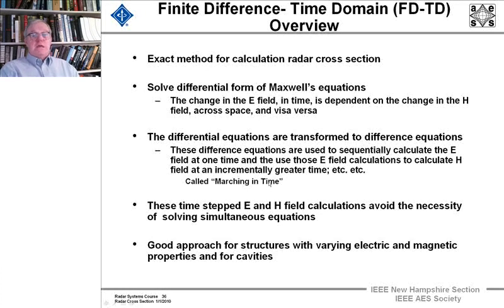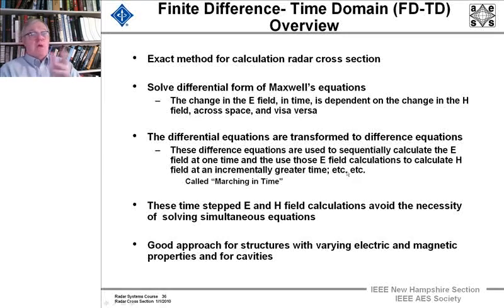We'll get into what difference equations are in a minute, if you haven't studied them. These difference equations are used to sequentially calculate the electric field at one time, and use those electric field calculations to calculate the H field at an incrementally greater time, and so on.